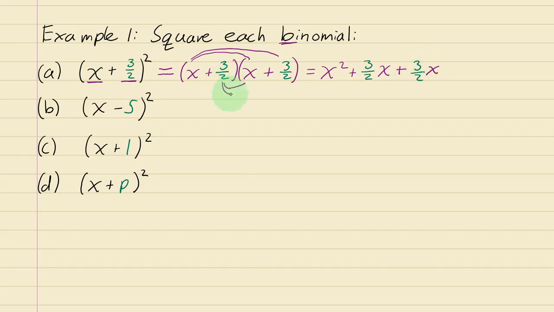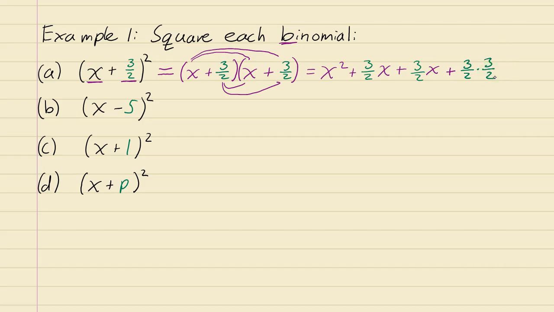And then there's going to be 3 over 2 times 3 over 2, so I'll just write that as plus 3 over 2 times 3 over 2.